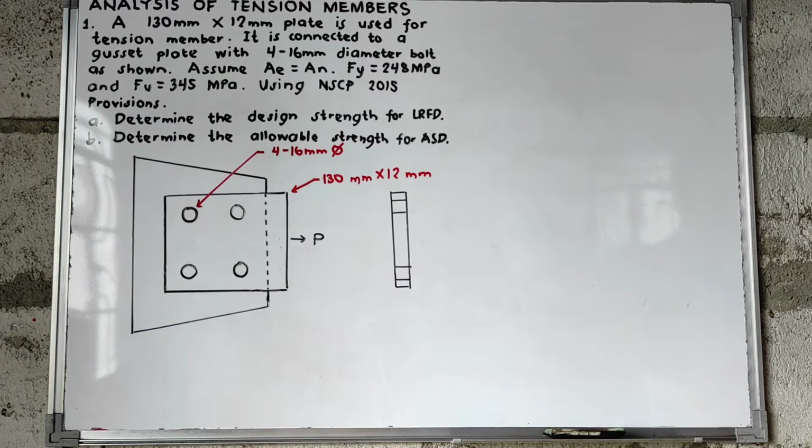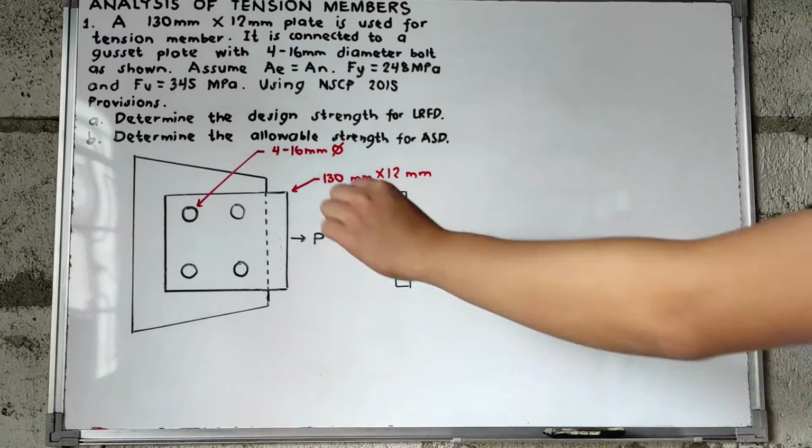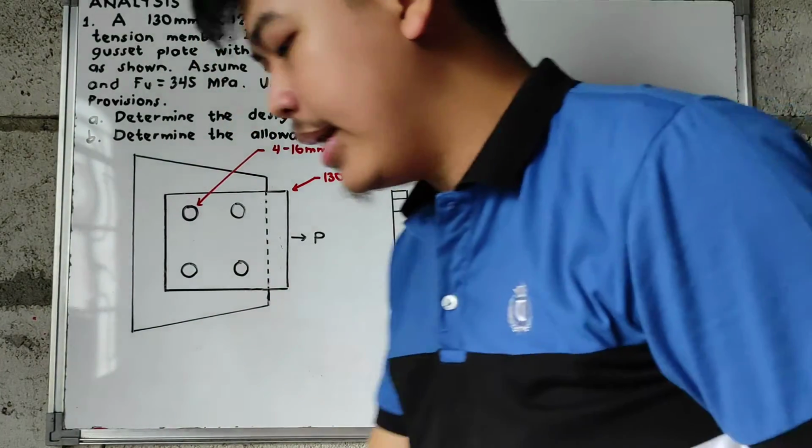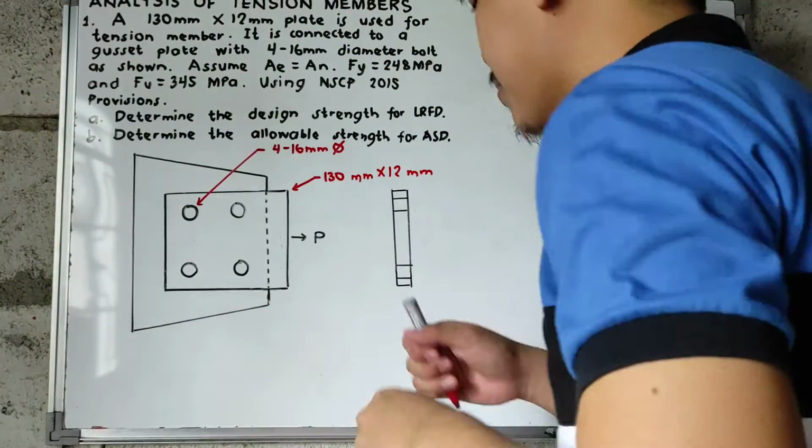So we have a plate here. The 130 mm is the width of the plate, and the 12 mm is the thickness of our plate.